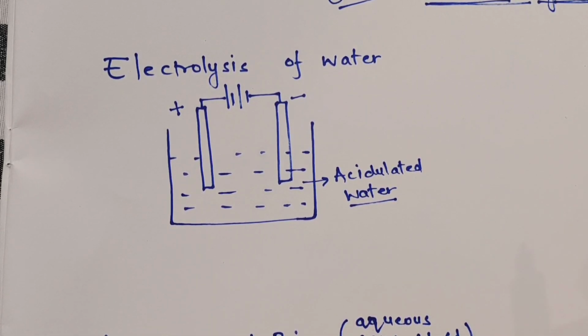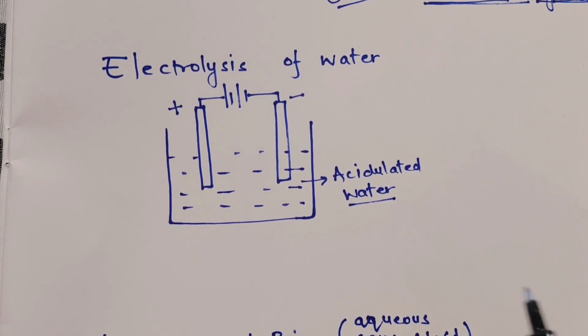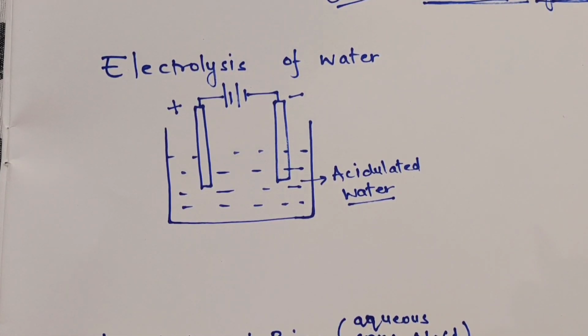For anything to be a good conductor of electricity, it has to allow electricity to pass through it. That means it has to have either electrons or ions. Now water is a bad conductor of electricity. It's a covalent compound. Okay, it doesn't break into ions unless you add acid. Acid would break water into H3O+ and OH- ions. So it breaks water into a positive and a negative ion.